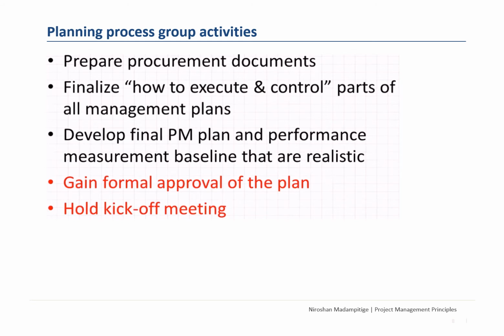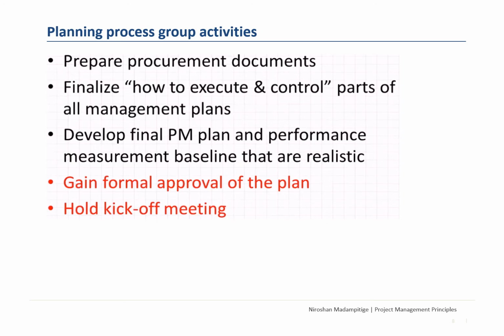During the planning, you also prepare the procurement documents. Any procurement that needs to happen will need to be planned. Finalize how to execute and control parts of all management plans. While you are coming up with your plan, you need to plan how exactly you can execute and control. So it's a kind of detailed planning that you do during the planning process.